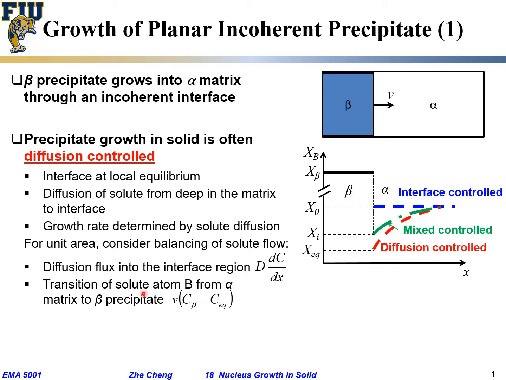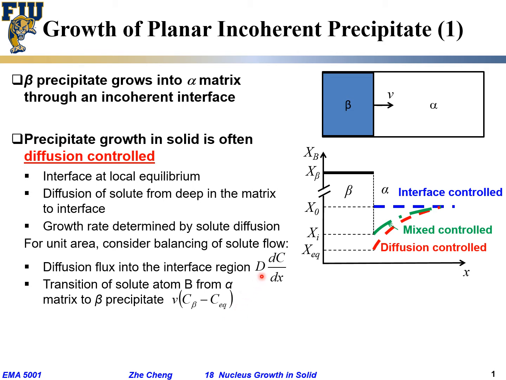The transition of the solute atom from alpha phase into the beta phase would be equal to velocity times the concentration difference of C beta, the concentration of solute atom in beta phase, minus the concentration of B atom under equilibrium, which is related to Xb and Xeq.